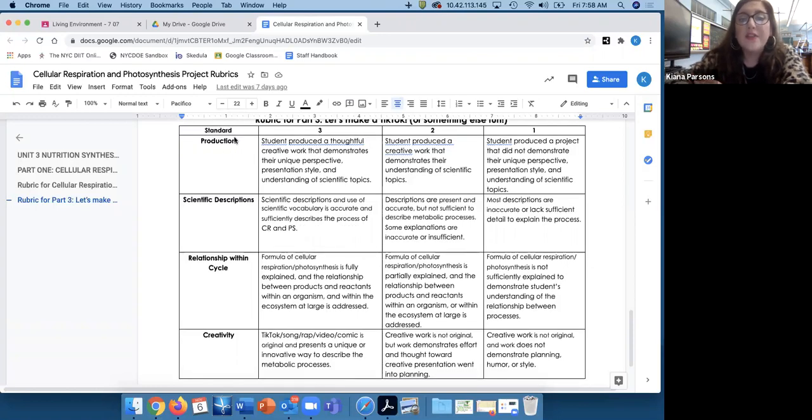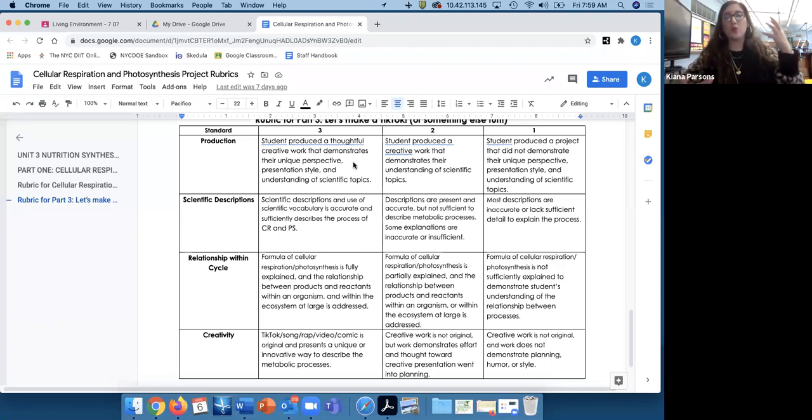So the first standard is production. This is just, did you do the project? Did you make something? Student produced a thoughtful, creative work that demonstrates their unique perspective, presentation style, and understanding of scientific topics. Again, because this is creative, the best way for you to represent this process might not involve saying the formula out loud. So don't worry about that as much.